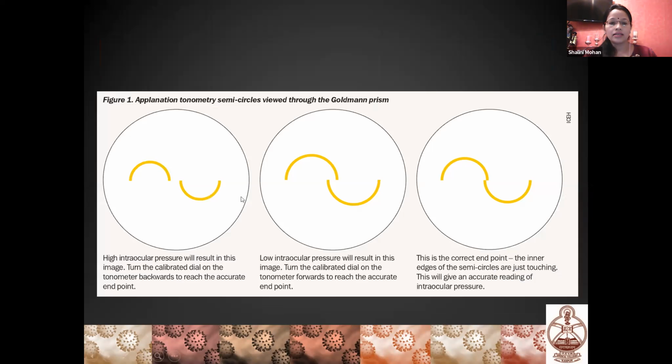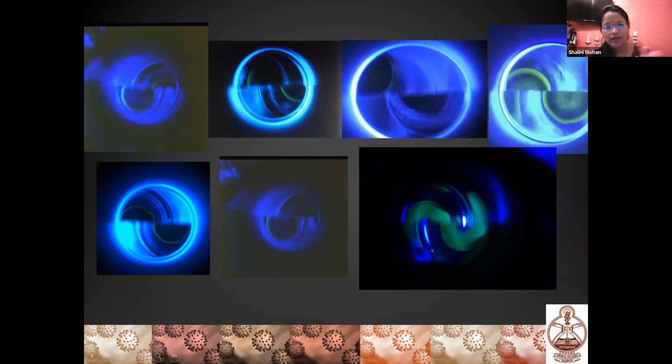So you might see semicircles like this. You might see semicircles like this. But the ideal one is this one. So these two are not the correct semicircles. Similarly, you might see a variety of these semicircles. Sometimes half might be a larger circle in the inferior hemisphere.